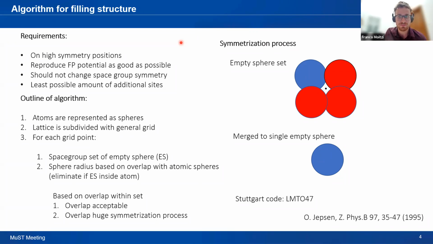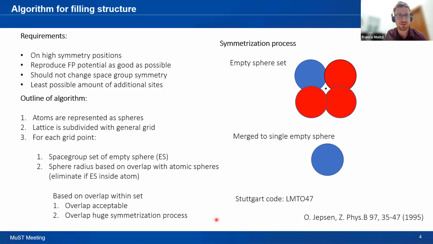So already quite some time ago, an algorithm was proposed by Jepsen, and it was also implemented in the Stuttgart LMTO code. And basically what I'm doing is following this. So here's the outline of the algorithm. Atoms here represent the spheres. In the first step, one subdivides the lattice of the structure by some general grid.